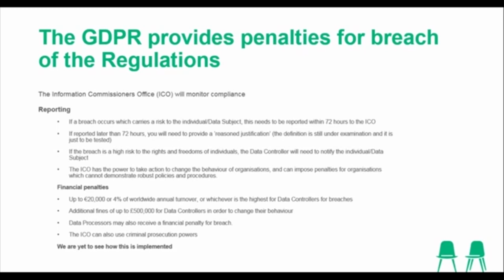And that fine is made to the data controllers, the governing body. But additional fines of up to £500,000 for data controllers in order to change their behavior, on top of which data processors may also receive a financial penalty for breach. The ICO can also use criminal prosecution powers.